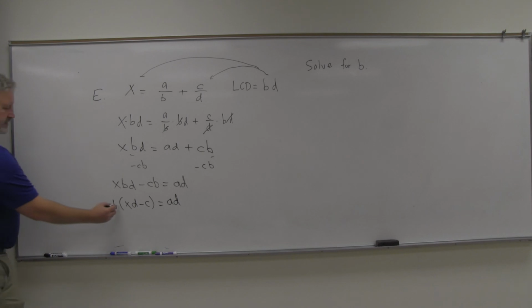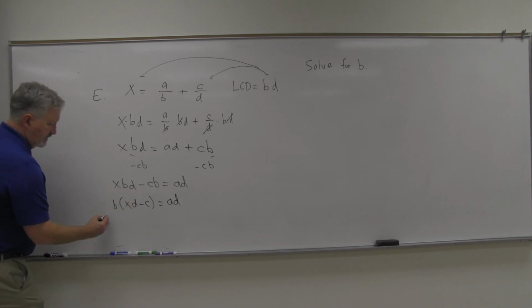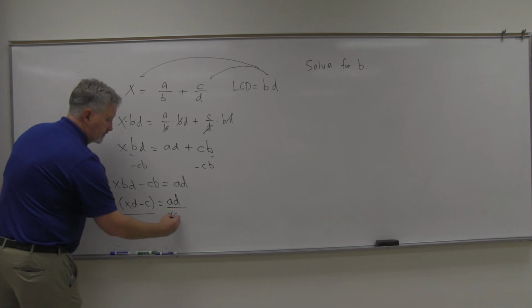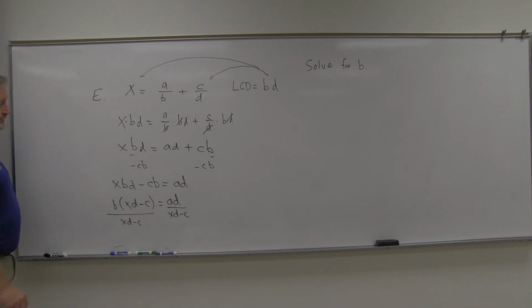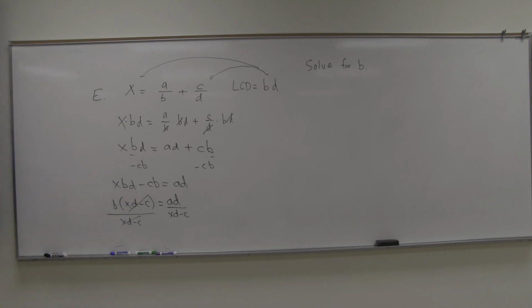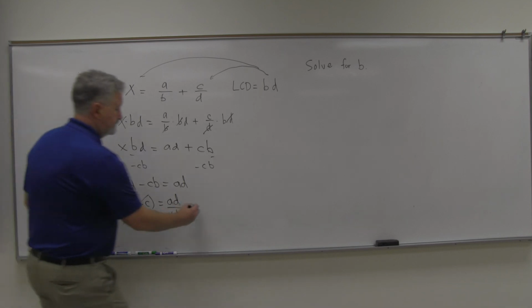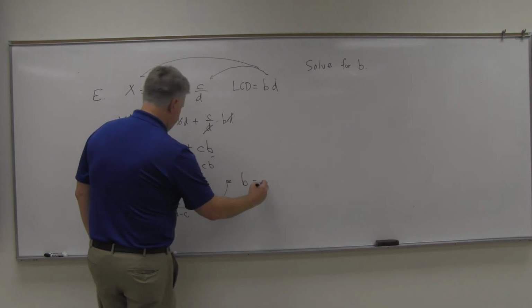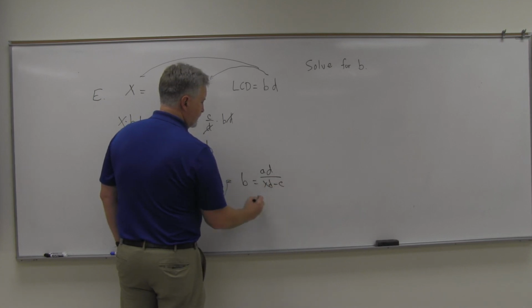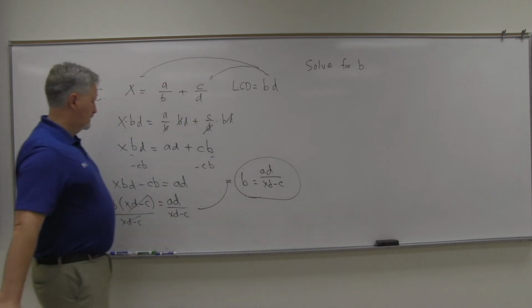And so then that's B times something, so you just divide off that thing there. This is just times B, so if we divide it, it'll cancel it out. So there you go. B equals AD over XD minus C. Question or concern?